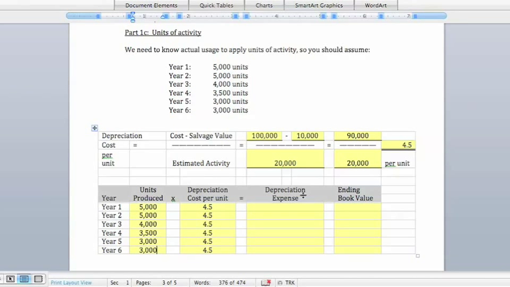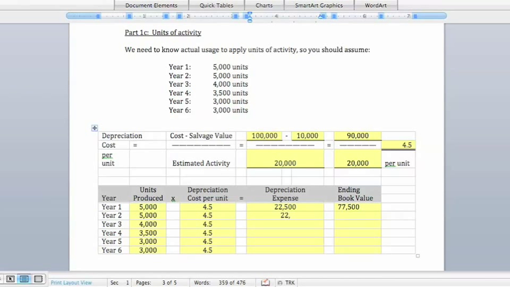And so what we can do here is just multiply across to calculate current period depreciation expense. So first off, we take 5,000 and multiply it times 4.5, and we get current period depreciation expense of $22,500, meaning that our ending book value is $77,500.